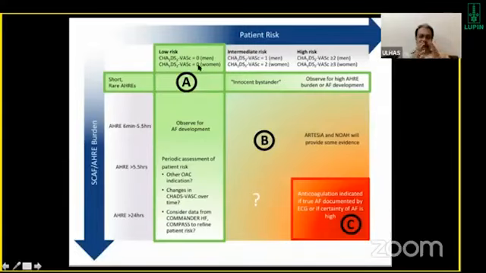If you know the AF burden, then you can put the patient into 3 zones with respect to the risk of developing thromboembolic stroke. For example, on the left-hand side here is the AF burden.